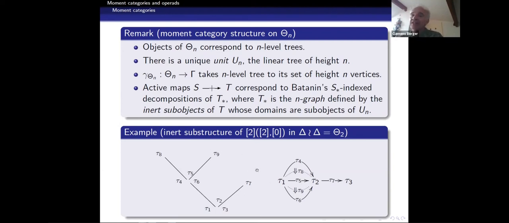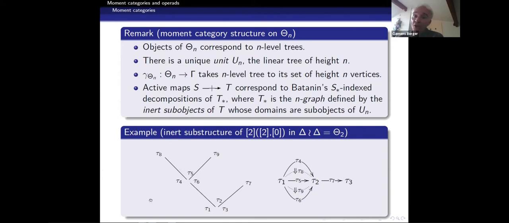And now the graphical structure is defined as follows. Somehow this is given by the inert morphisms. So you have 3 inert morphisms from U0, the unit of height 0, into this tree, and this corresponds to 3 sectors here.